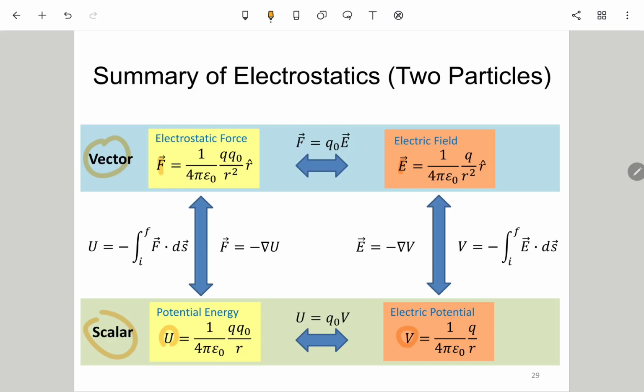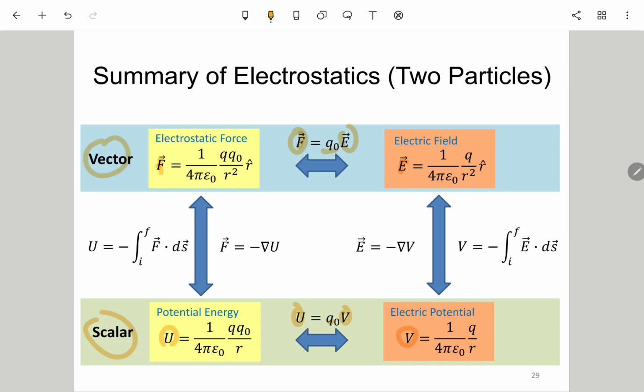Horizontally speaking, they have a relationship. F is here, E is here, so they are proportional to each other. F is Q0 times E. Similarly for the scalar pair, potential energy is here, electric potential is here, and they are also proportional to each other.